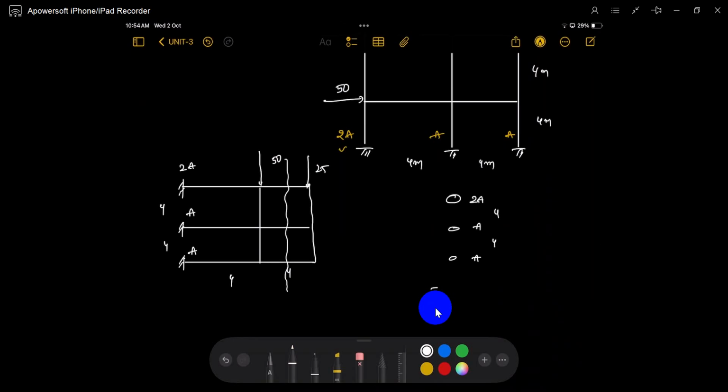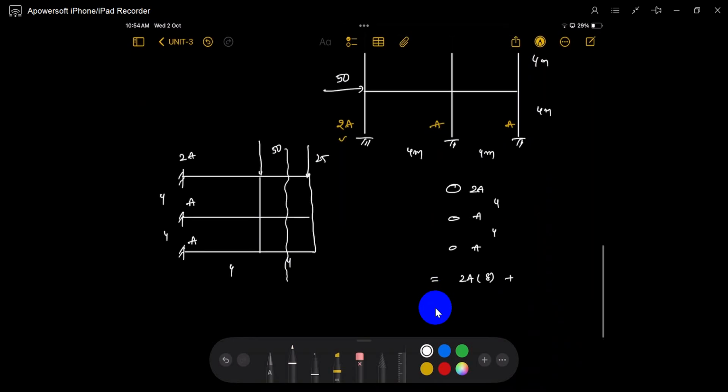So write down area into distance: 2a into 8, area into 4, area into 0, divided by 4a.